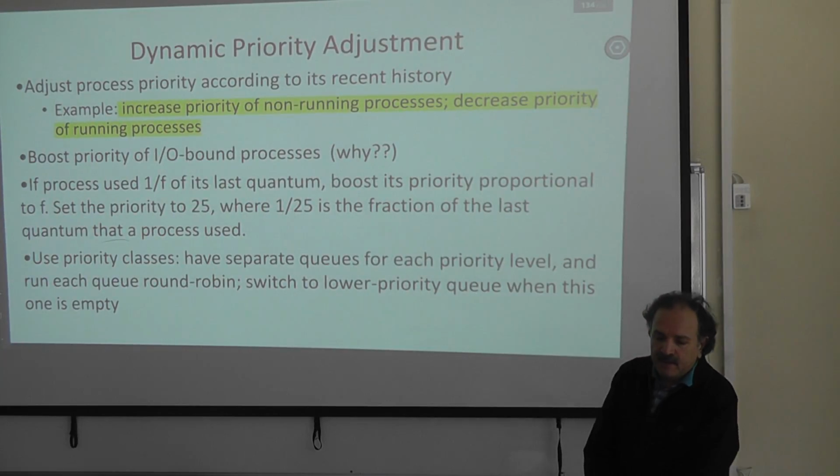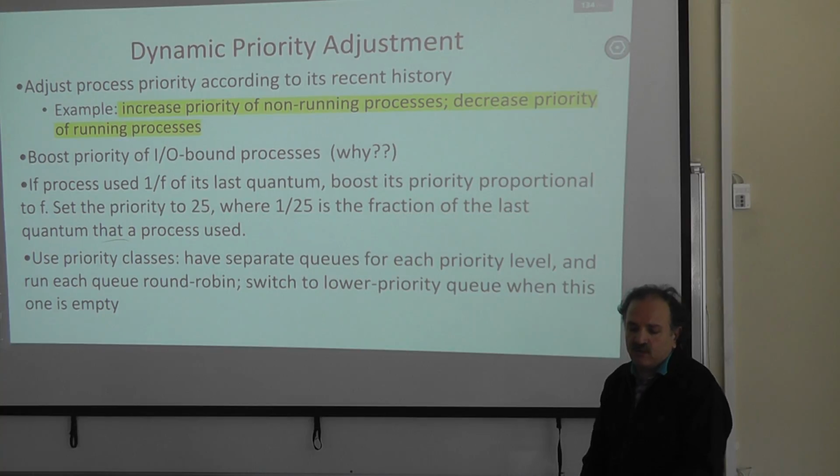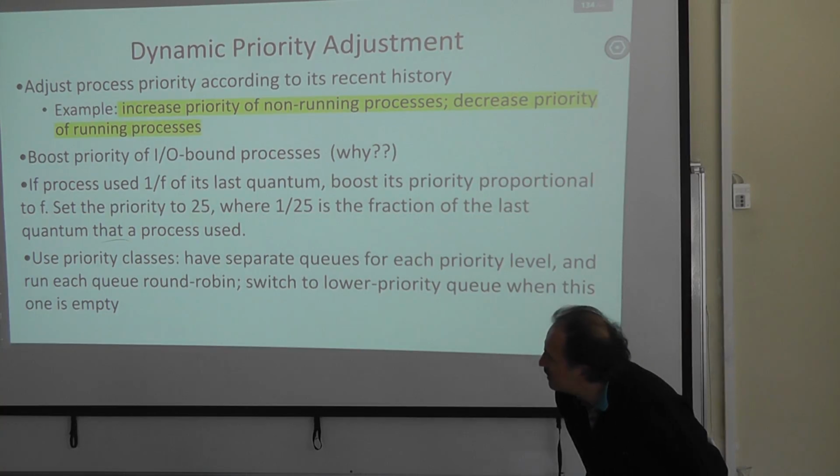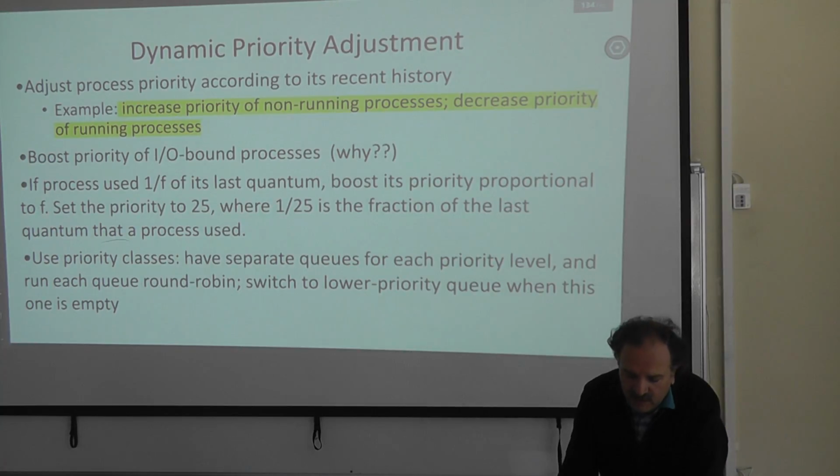So let's go back to the slide again. That's the reason why we are boosting the priorities of the I/O bound processes. And this is the rule that they are using. If the process uses 1/f of its quantum, let's say 1/10 of its quantum or 1/25 of its quantum, boost its priority proportional to f.